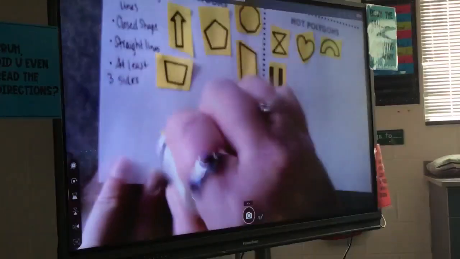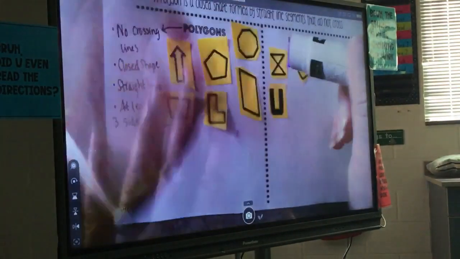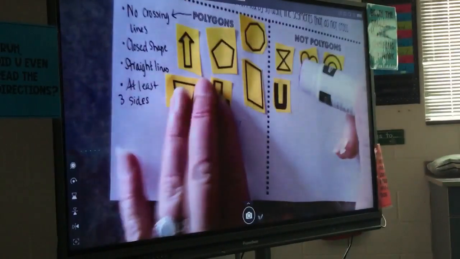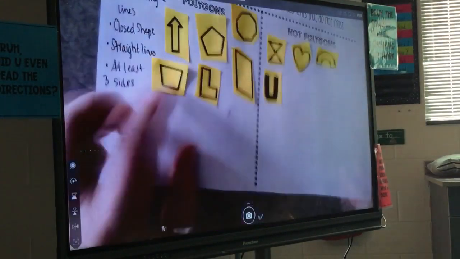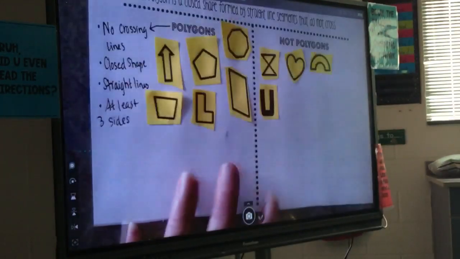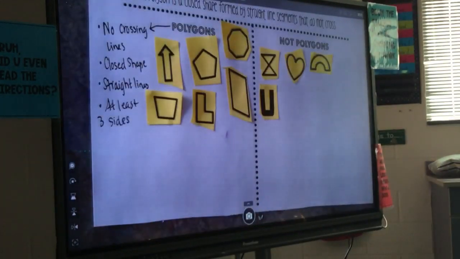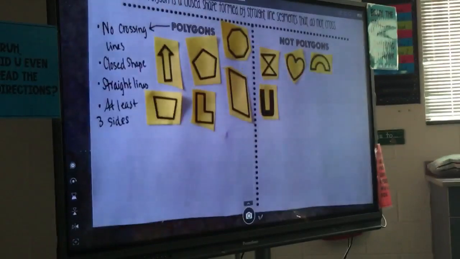Perfect. The L looking one is not a standard shape. Are you sure it still meets the criteria of a polygon? Yes. Okay. Just making sure.